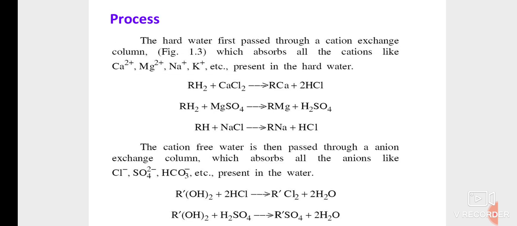The hard water first passes through the cation exchanger column. What will happen? It absorbs all the cations like calcium 2 plus, magnesium 2 plus, Na plus, K plus, etc. Whatever cations are available in that water, all types of cations are absorbed by the cation exchange resin.